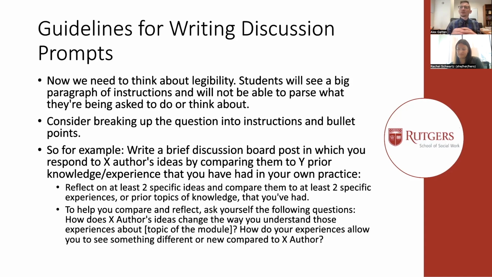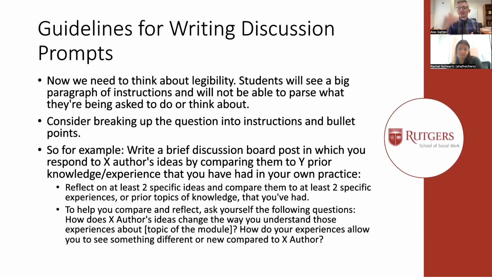So I like to start with just, okay, you're going to be writing a brief discussion in which you're responding to Judith Butler, comparing them to your own knowledge and experience, and then a colon that leads into, okay, that's the work you're going to be doing. Now here's the specific guidelines. You need to be talking about at least 2 specific ideas and then 2 specific experiences. And then, to help prompt you in comparing and reflecting, here's some questions you should be asking yourself.